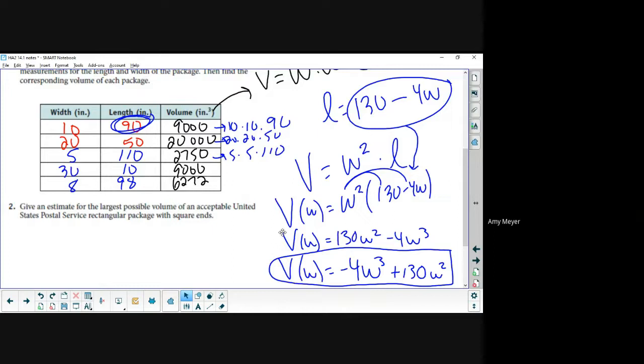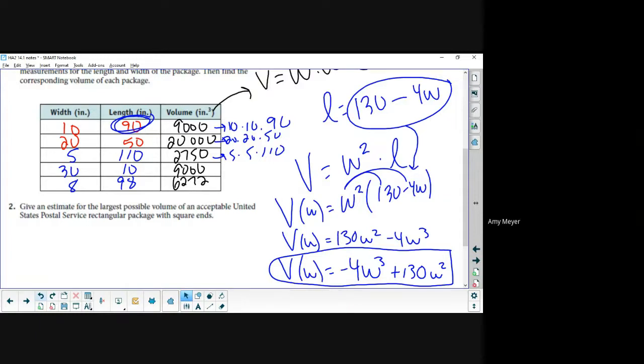Tyler, is that a quadratic function? No, it is not. If that negative 4W cubed wasn't there, yes. That's not a quadratic function. It has a higher power than 2. Is that a polynomial? Yeah. A polynomial is one or more monomials, and a monomial is a number, a variable, or the product of a number and a variable. So I have this monomial and this monomial, and when I add or subtract them together, it is still a polynomial.